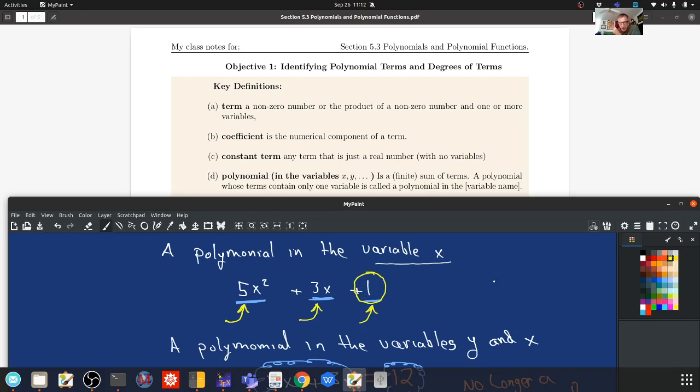Now remember, when I say 7 minus 5x, that's a polynomial. That's the same as 7 plus minus 5x. So all of these, even though there's a minus in there, we call it a sum. Sometimes people will say it's a sum or difference of terms. And if you want to think of it that way, that's fine too.